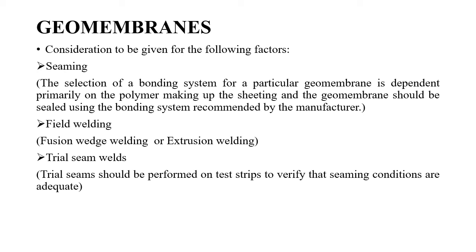At the sheet overlap, the extrusion welder integrates molten polyethylene into the prepared geomembrane seam to create a permanent weld. This is the difference between fusion wedge welding and extrusion welding, which are used for field welding of geomembrane sheets.